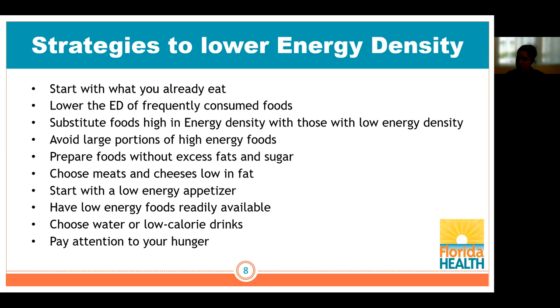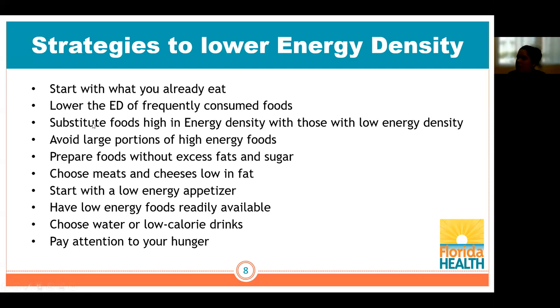There are certain ways that you can lower energy density, and that is adding water, adding fiber, and the last one is adding air, which sounds really weird, but think about whipping air into things. Things like making a smoothie, or if you're making scrambled eggs where you're whipping the eggs, that's adding air to it. So that will lower the energy density as well. Instead of eating sunny side up eggs, eat scrambled eggs. That is a better option.